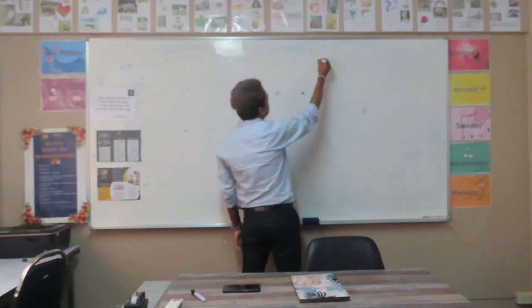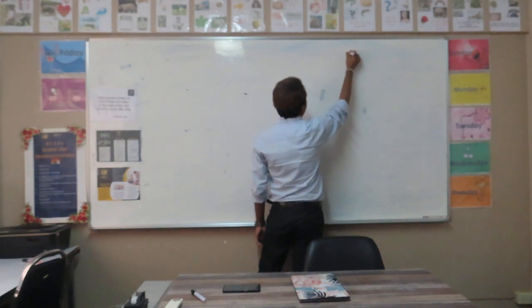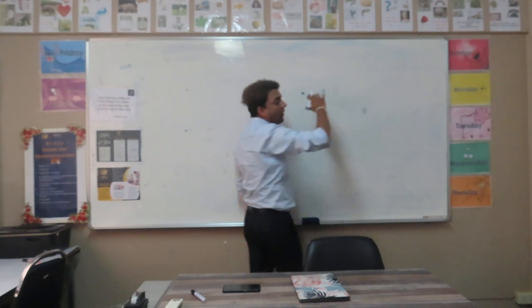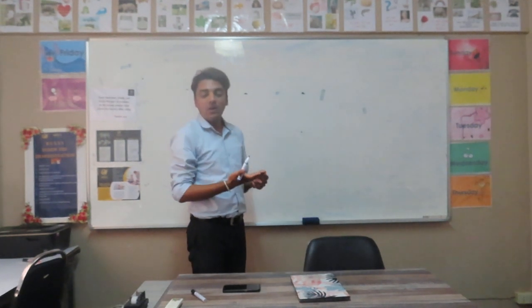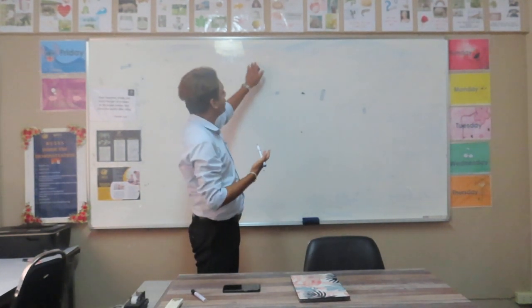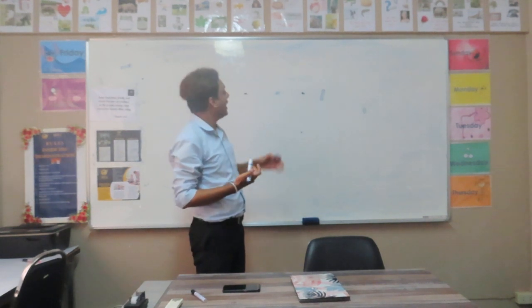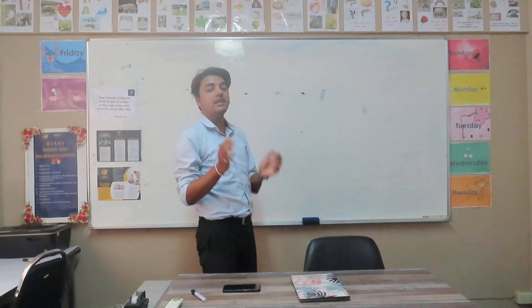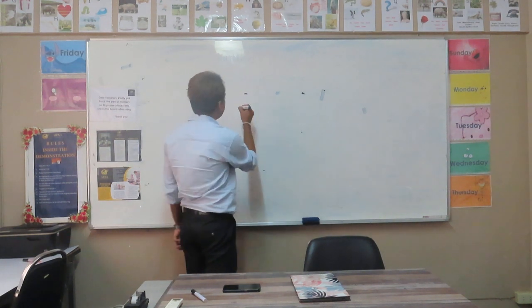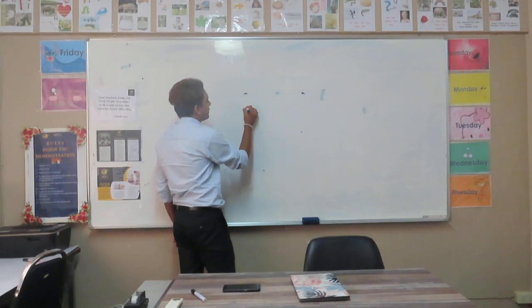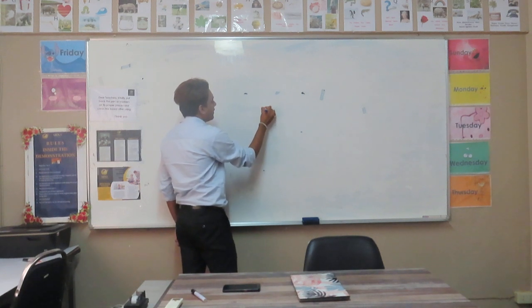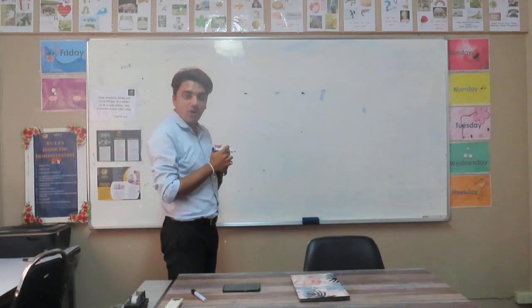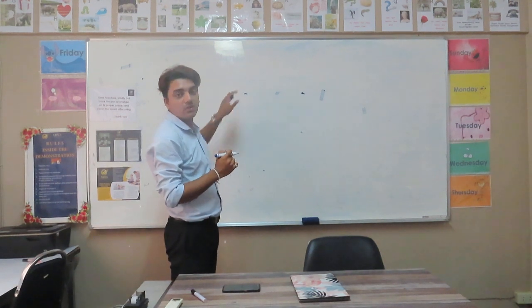So from A to Z, all these alphabets are called variables, okay? And coefficients are numbers. So I'm going to form an equation. What is an equation? So equation is a mixture of both variables and coefficients.